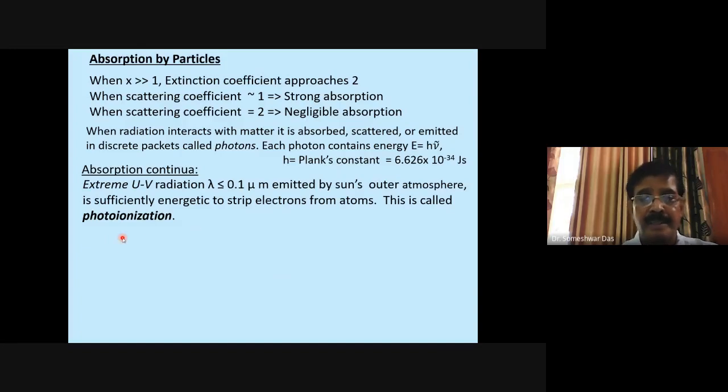You should remember this definition. What is photoionization? It is the stripping of electrons from atoms by UV radiation having a wavelength less than or equal to 0.1 micron.